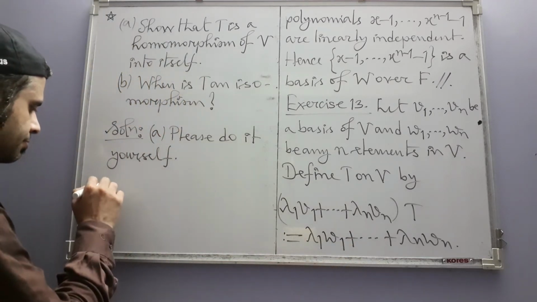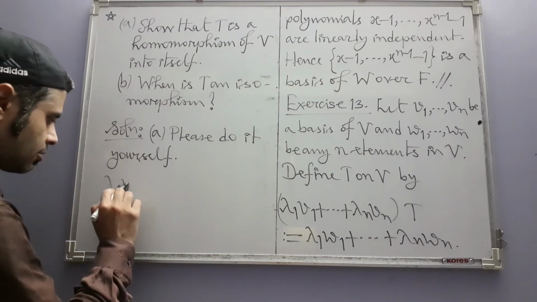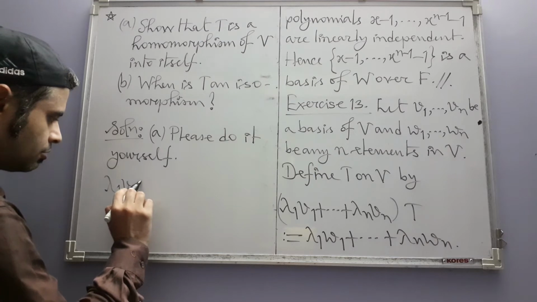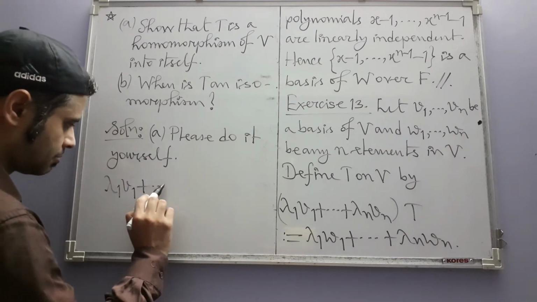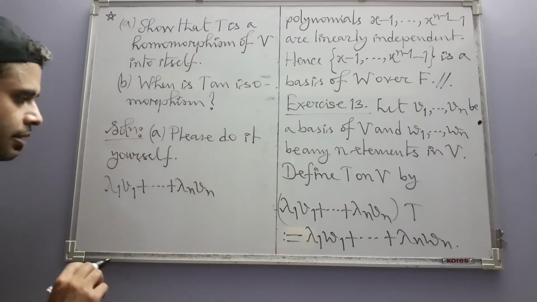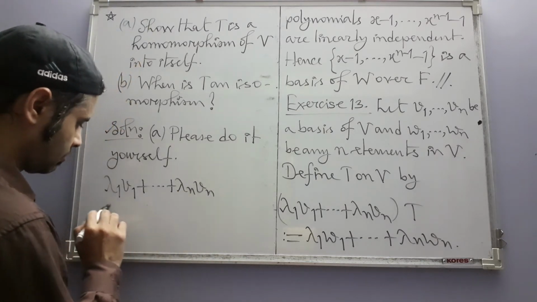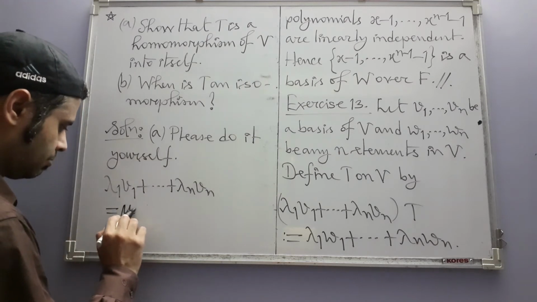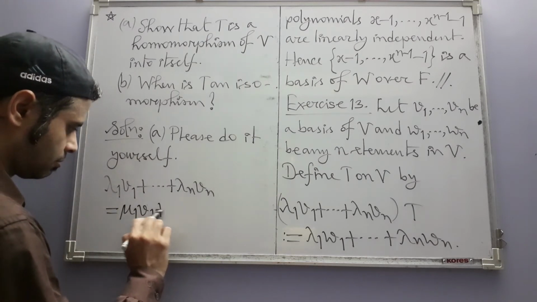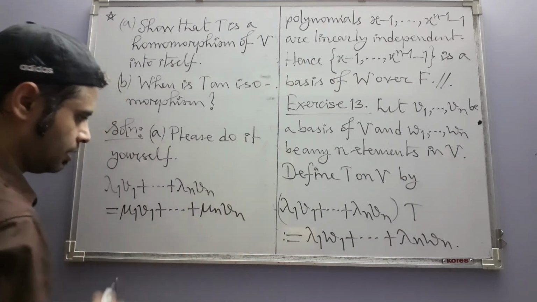For that, you consider two vectors which are in fact equal inputs, say mu1 v1 through mu_n vn.